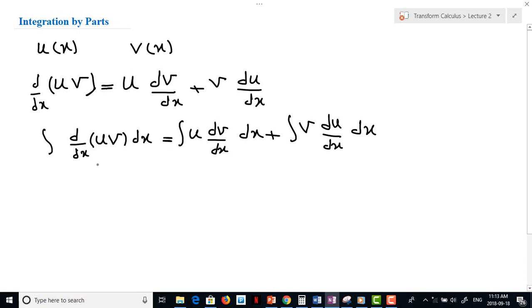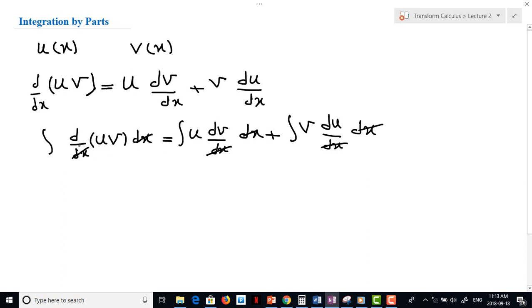On the left hand side, I cancel dx with dx, and on the right hand side dx goes with dx, so I cancel out this dx with this dx.